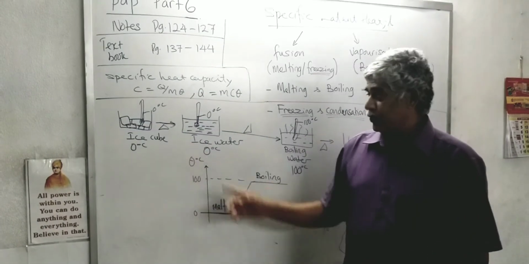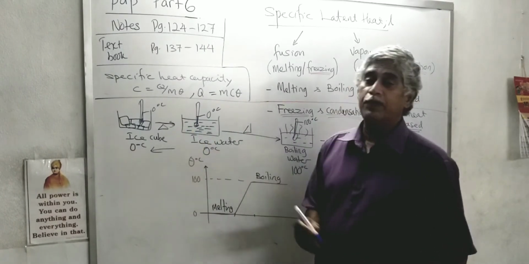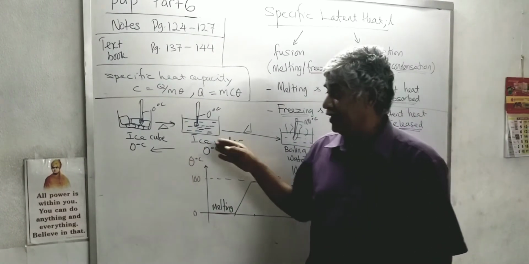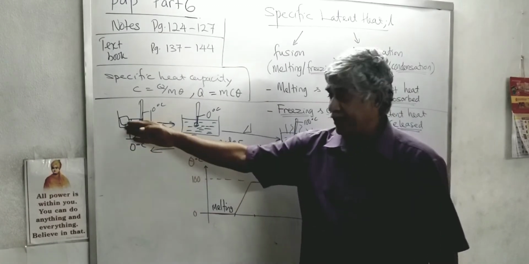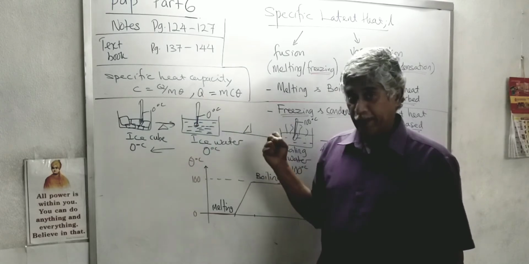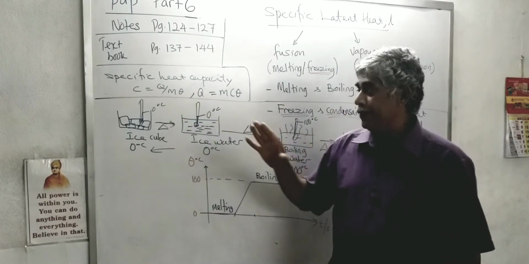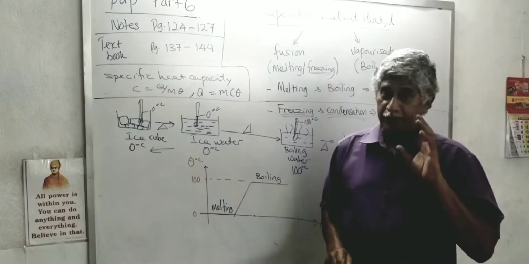Here the heat is released, and here it is absorbed. To change solid to liquid, heat is absorbed. From liquid to solid, heat is released. In both processes, the same amount of heat is involved.